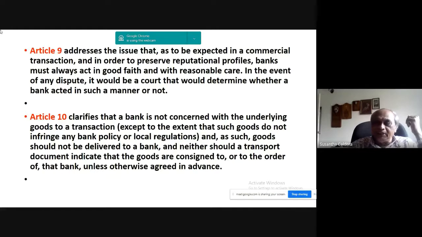Instead, it should be consigned to the importer, the drawee. Why are we so bothered about not getting the bank as a consignee? Why do we want the importer as a consignee? What is the difference?